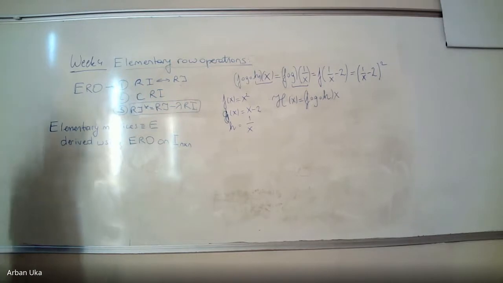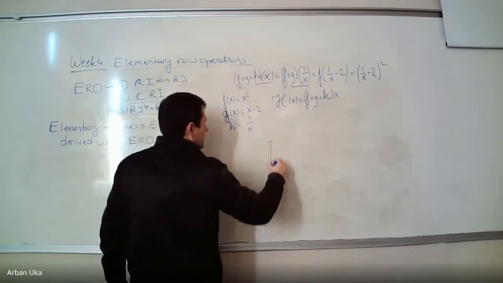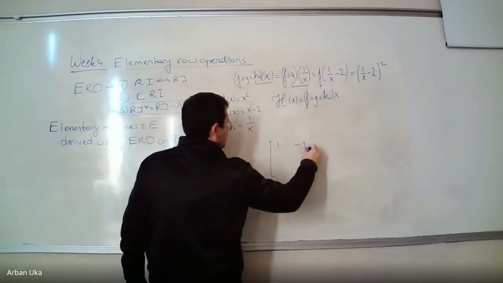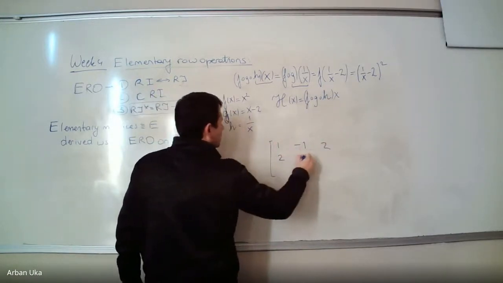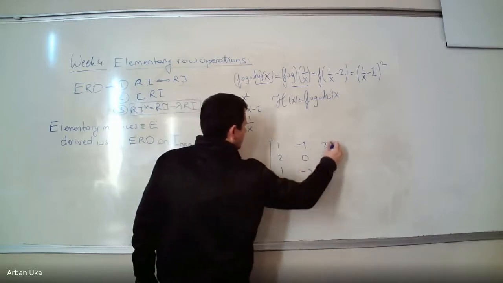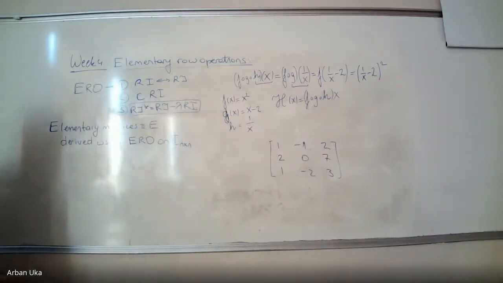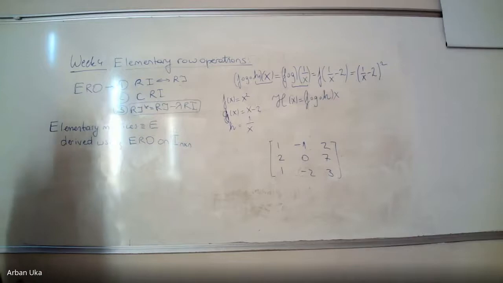So for this, let's define a matrix which looks like this: 1, minus 1, 2, 2, 0, 7, 1, minus 2, 3. Okay? So here we have a matrix A, and we want to do a change in this matrix.